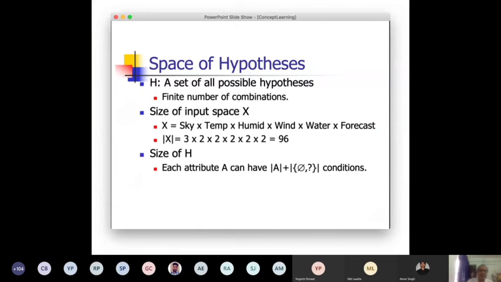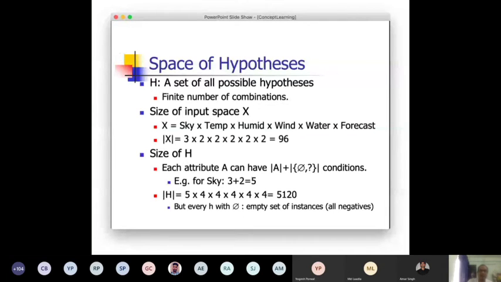What about the size of H? I'm just giving you the explanation, as many of you have told already. Each attribute can have this many conditions, right? The actual size is 5120, as you are saying, but in our considerations we are only taking one particular case.